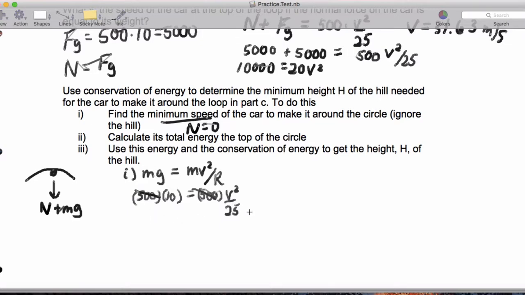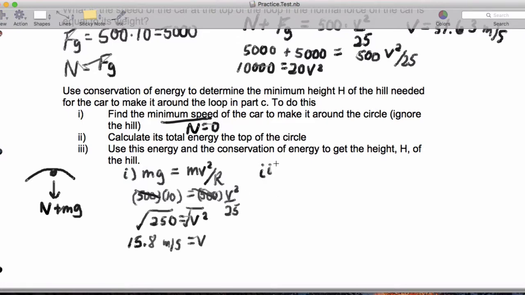We can actually cancel the masses on each side, so we'll end up getting 250 equals v squared. We'll square root each side, and we're going to end up getting 15.8 meters per second is v. Awesome.